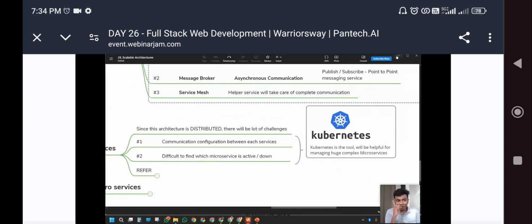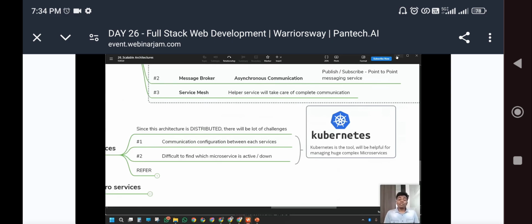For a single Amazon website, just think how many microservices there will be: cart, shopping, wish list, payment, return, replacement, and others like the search bar, product catalog and category. So likewise, it is going to have a lot of microservices.